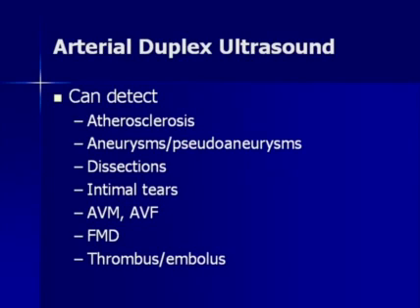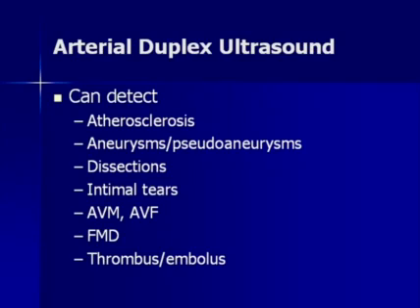The things that we can detect when we do arterial duplex, certainly it's atherosclerosis. That's the primary pathology that we see, hardening of the arteries. Another very common occurrence when we evaluate lower extremity arteries and even upper extremity arteries is aneurysmal disease or pseudoaneurysms. We can also find dissections, intimal tears, arteriovenous malformations or arteriovenous fistulae.